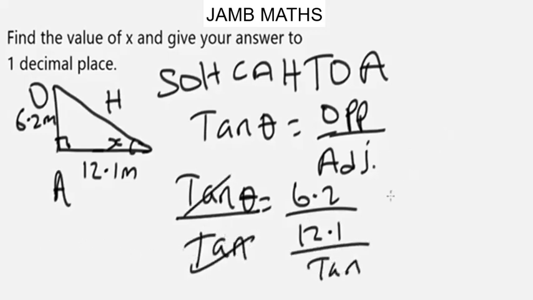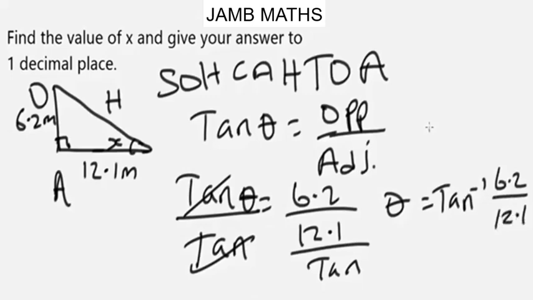Alright, so theta will now be tan inverse of 6.2 over 12.1. Okay, so when you punch tan inverse of 6.2 over 12.1 on the calculator, you're going to have 27.1304. You keep your decimals.